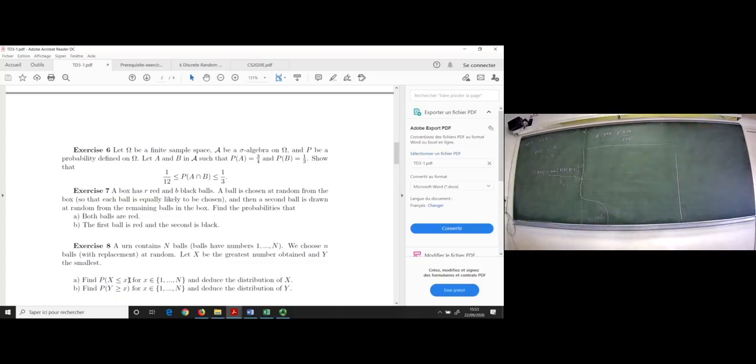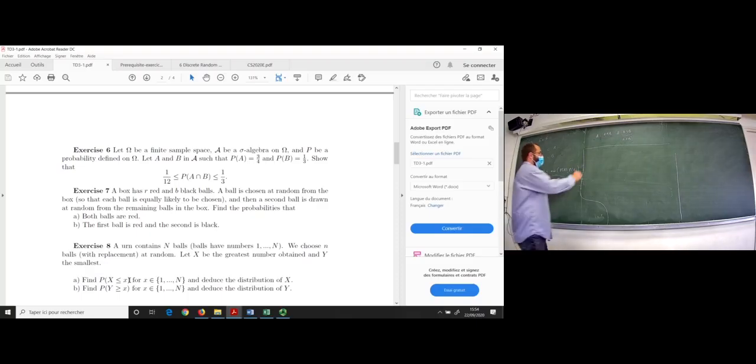Another way to do this would be my way. When I see this statement, what I am thinking about is that I have in my statement A, B, and A intersecting with B. And among the properties we have seen together, there is, a priori, a single one where these three quantities are involved.